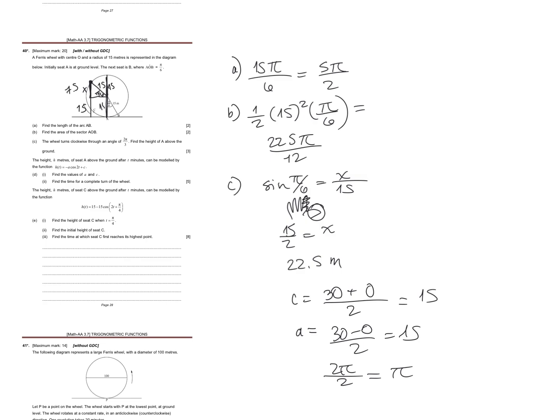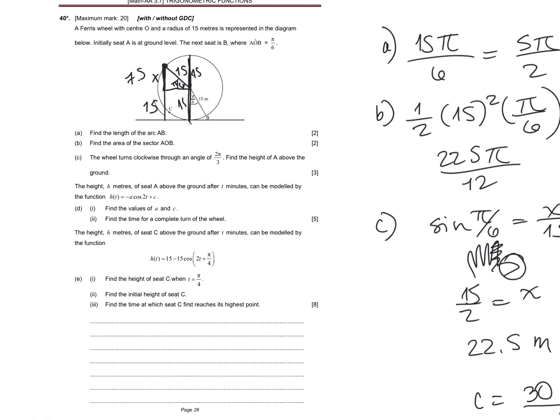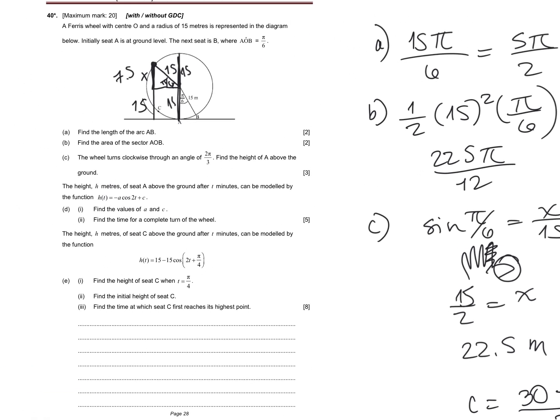All right, so the height h meters of the seat C, so that was A, this is C, above the ground can be modeled by that function. Find the height of the seat when t is pi over 4, so we've got pi over 2 plus pi over 4, which is 3 pi over 4. Cosine at 3 pi over 4 is negative root 2 over 2.